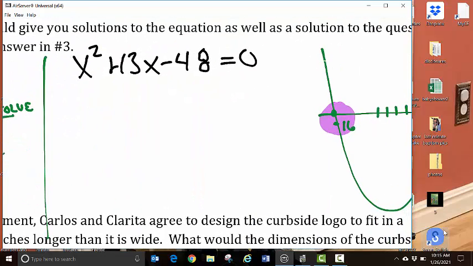Okay, Alex's group said that they made a table, and that they factored. I'm going to have Piper's group tell me, I'm pretty sure you guys did that as well. What was on your table?